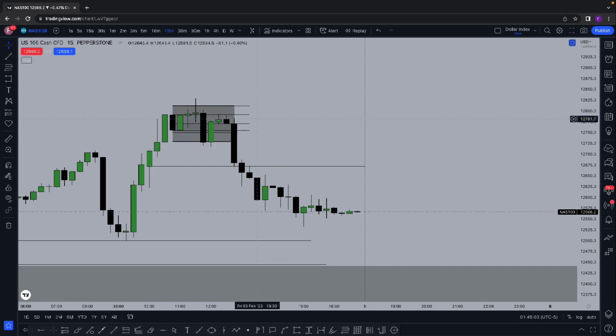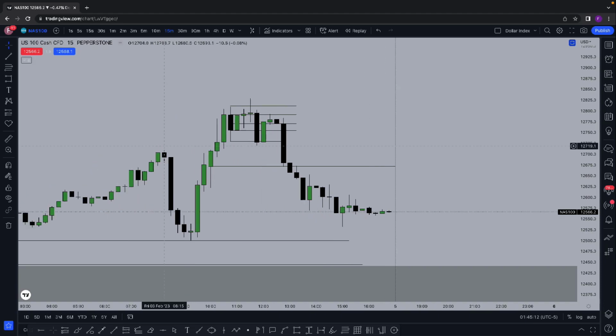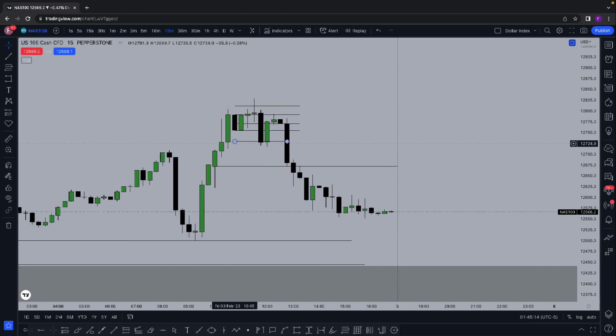Right here. Okay, now that we have our areas of reference, when price trades below this low, can you see how we have another stage of reaccumulation here? How is this a stage of reaccumulation?